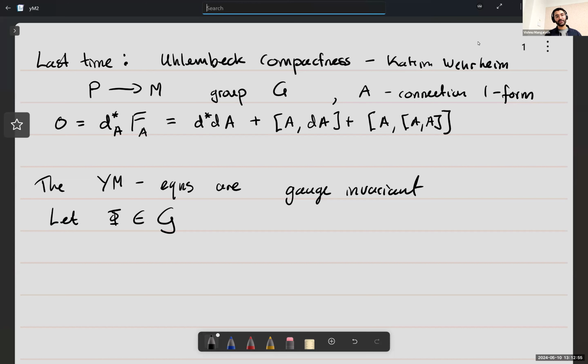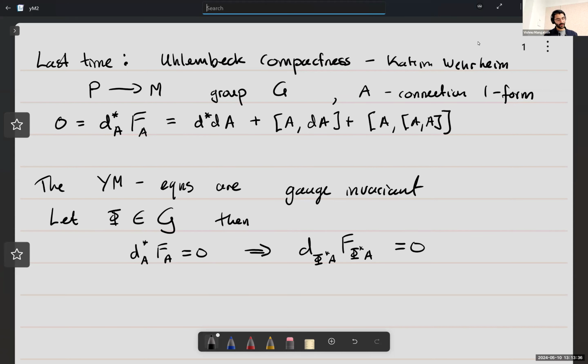And those basically were these transformations that fix the fiber of the principal bundle and commute with multiplication by an element of the Lie group, right? Then this gauge invariance means that d_A star F_A equals 0 implies that d star of the pullback of F also equals 0. Okay.